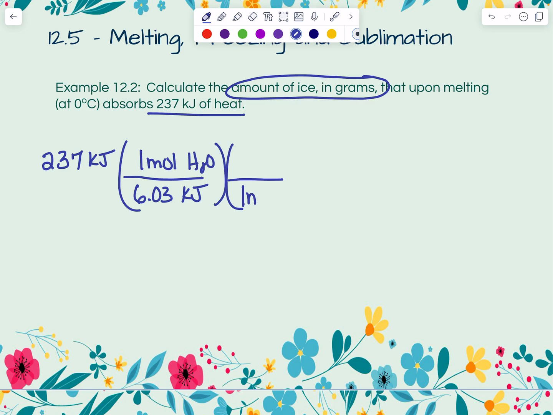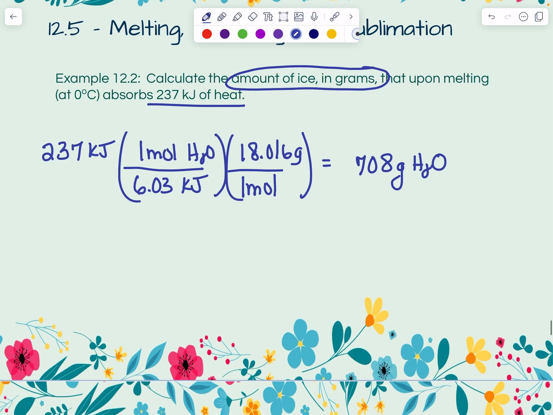And then, of course, I know 1 mole of water is 18.016 grams of water. And to 3 significant figures, that tells me that I would be able to melt 708 grams of water if that ice was able to absorb 237 kilojoules of heat.